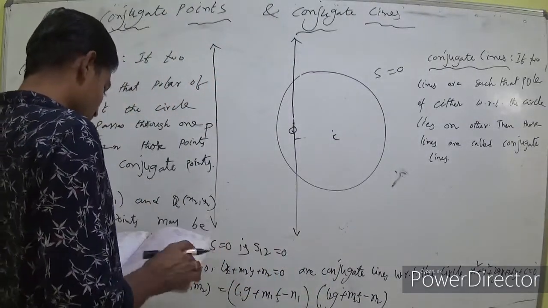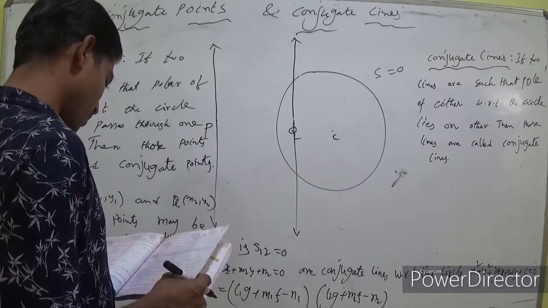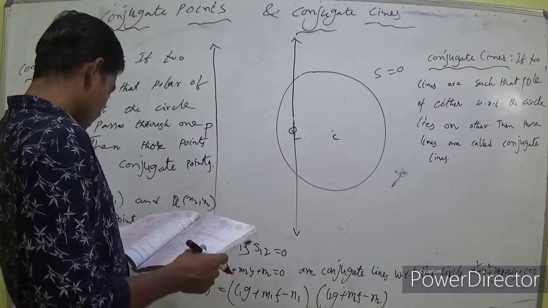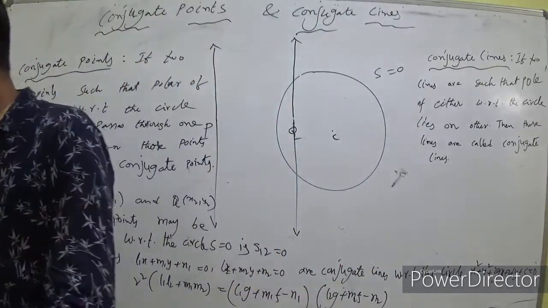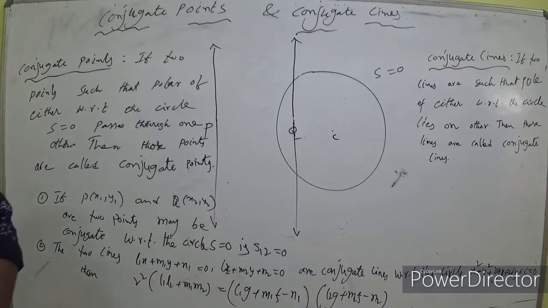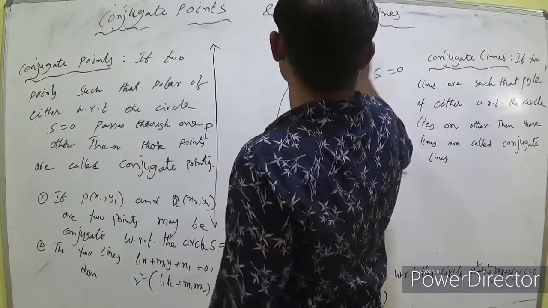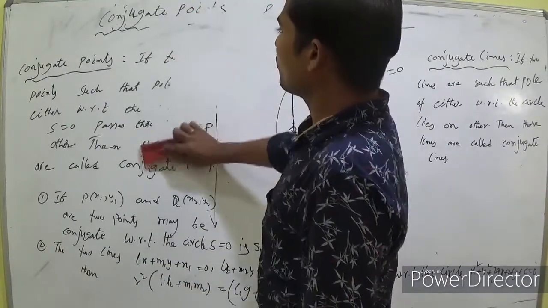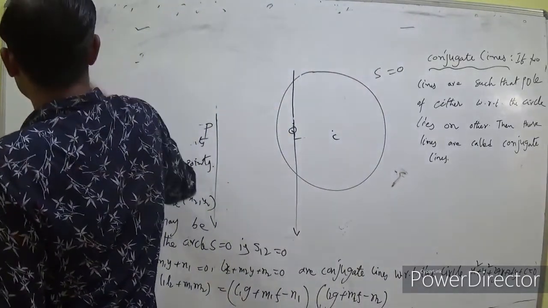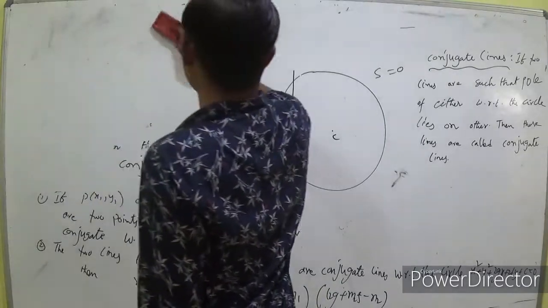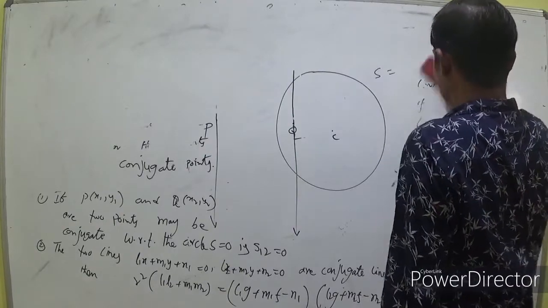The next one is inverse points. This is also an interesting thing. Understood conjugate points and conjugate lines? The 2 points are given, then the polar of one passes through the other. And the 2 lines are given, the pole of one lies on the other.